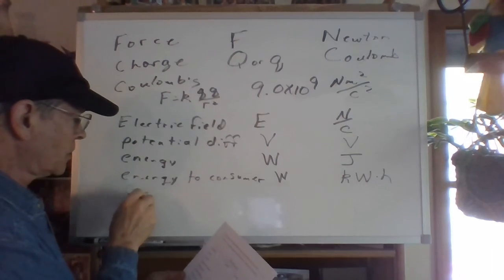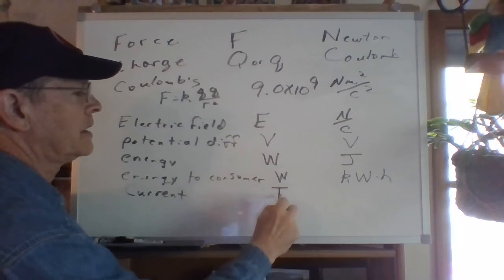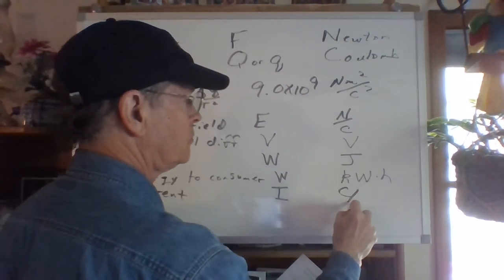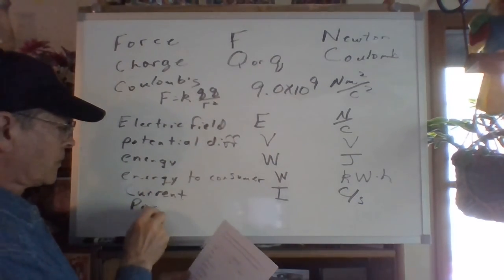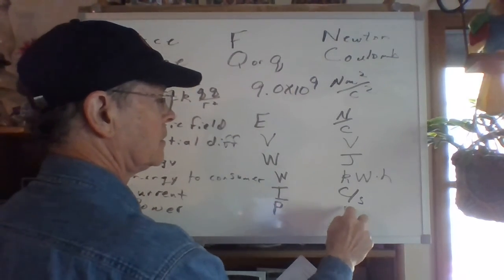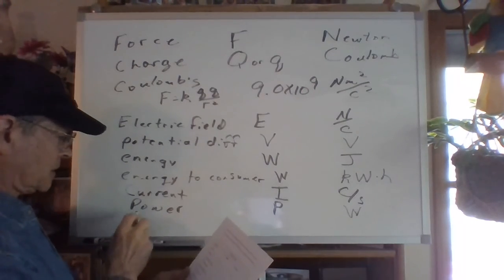Current, symbol I, and the unit label, coulomb per second. Power, of course, P for power, and the unit label, watt. Watt is the unit for power.